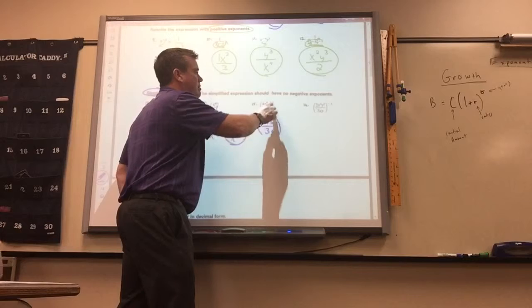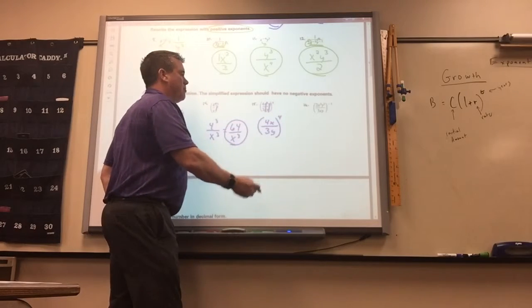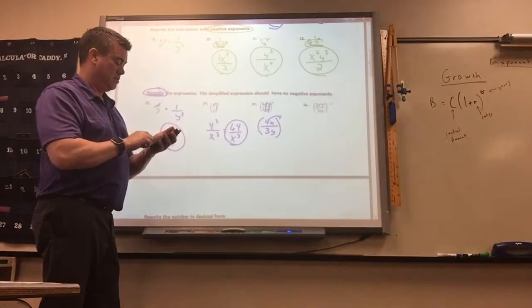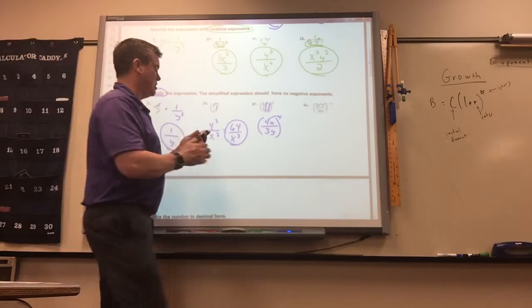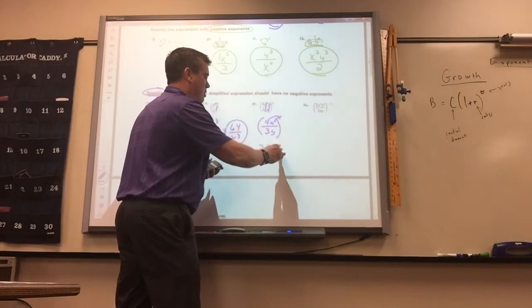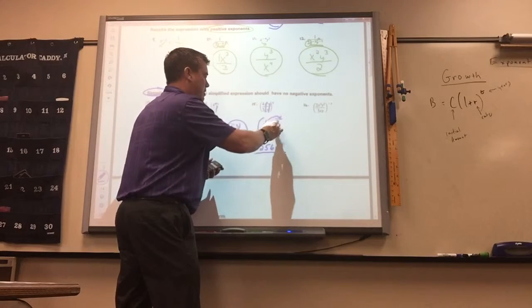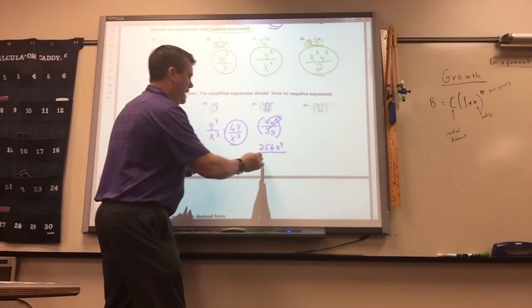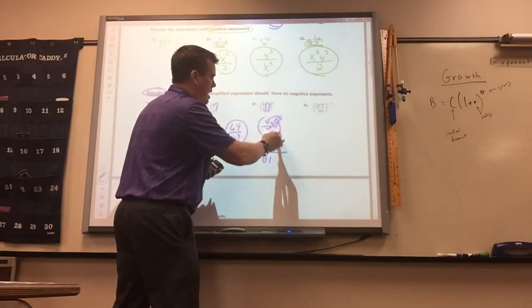But then you still have to take all of that to the 4th. So you gotta do 4 to the 4th, which is 256. X to the 4th, 3 to the 4th, 81, and then the Y to the 4th.